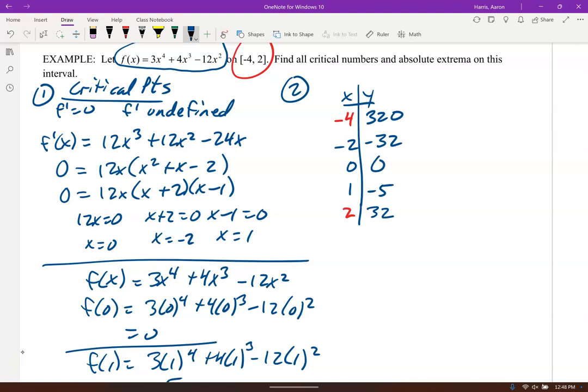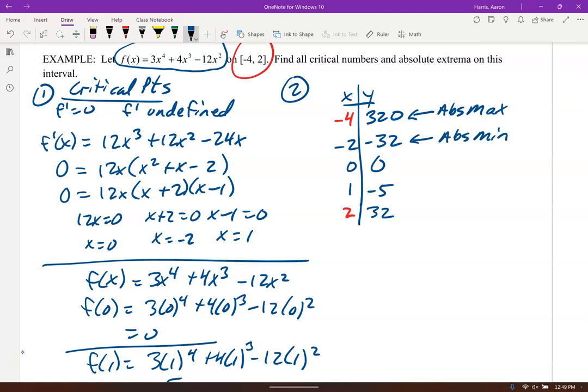Okay. Then I say, all right, what's my highest point? My highest y value here would be that 320 for sure, right? So this is the absolute max. And what's my lowest point? Well, this y value right there, there's my absolute min.